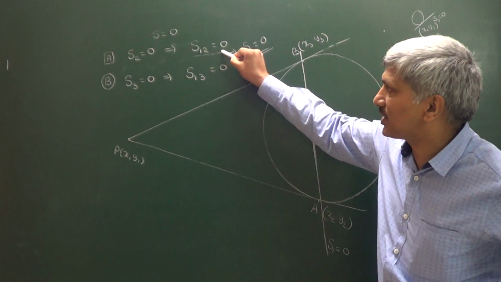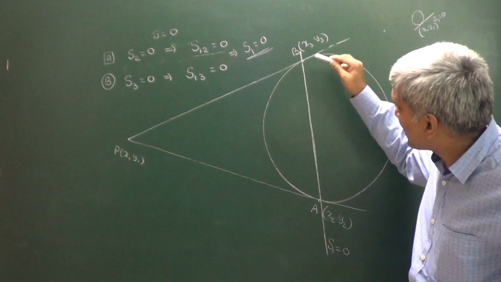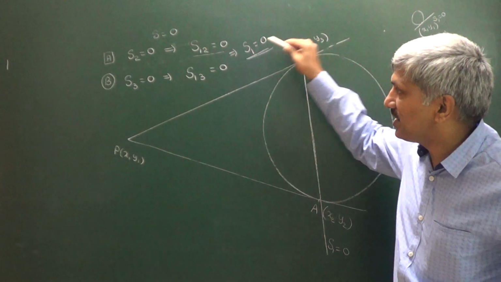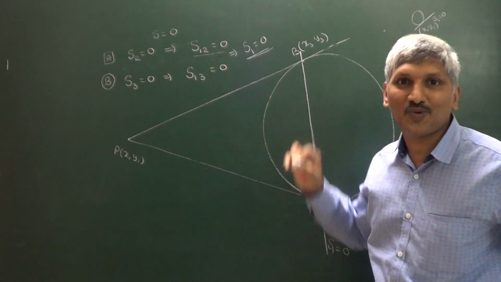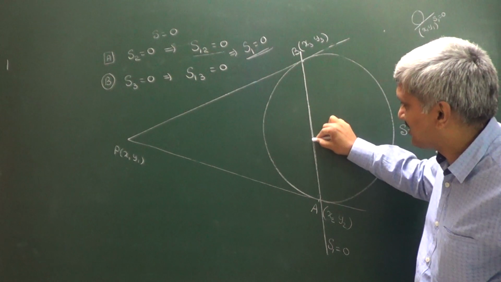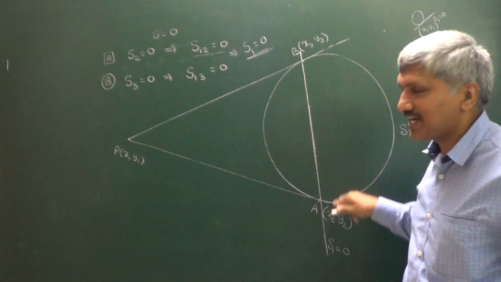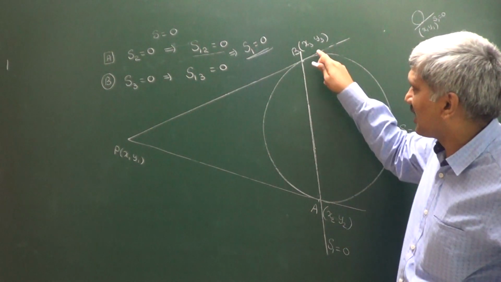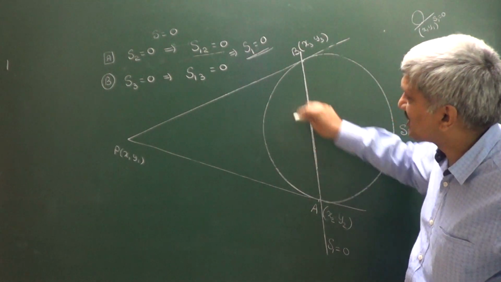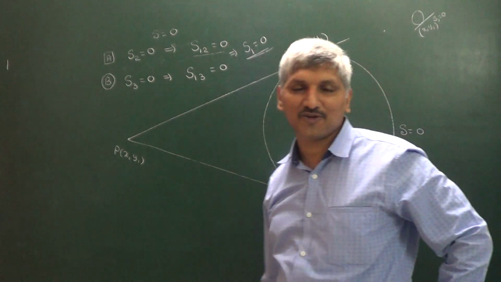That's why we got this condition. On the line S1 equal to 0, the point (x3, y3) is also there. That's why we got this condition. So what is the meaning of that? On this line the point (x2, y2) is there and the point (x3, y3) is there, so this line equation is nothing but S1 equal to 0.